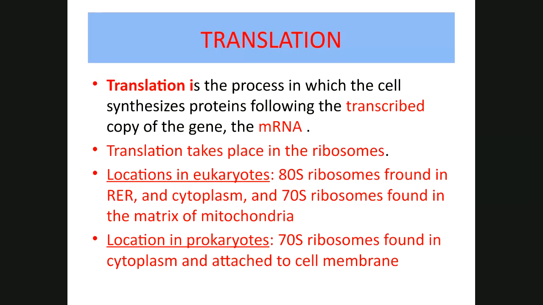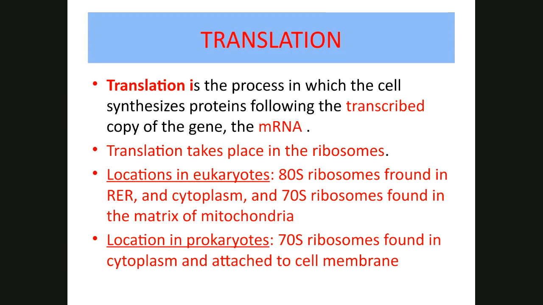The DNA has been transcribed. Once the recipe has been copied, now it needs to be taken to the ribosome to be made. Ribosomes are made of RNA and proteins. The ribosomes of eukaryotes and prokaryotes are slightly different, as you learn in chapter 3. Ribosomes of eukaryotes are a bit bigger.